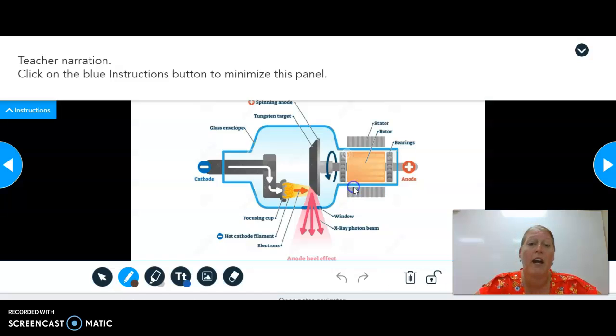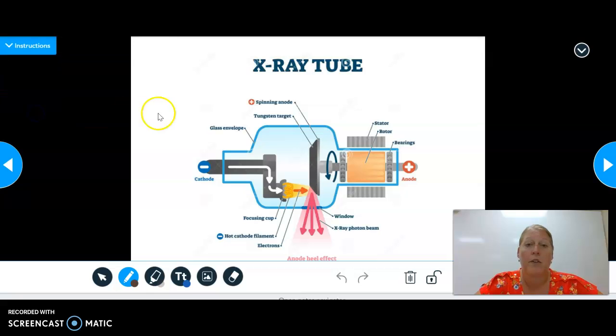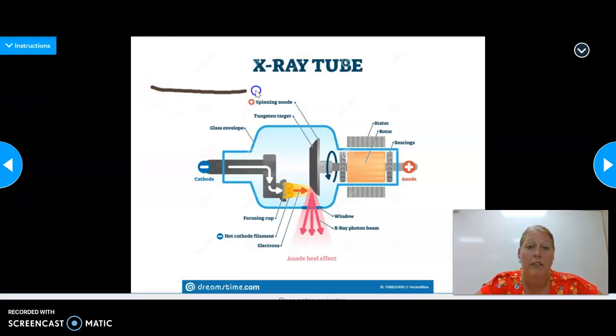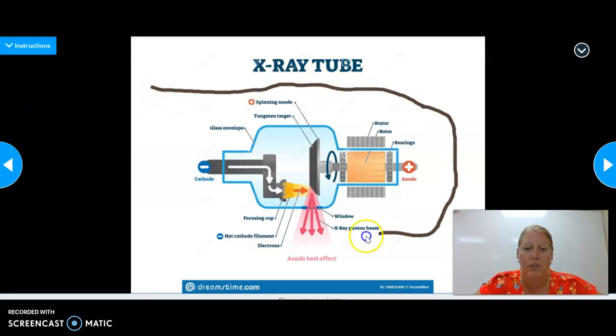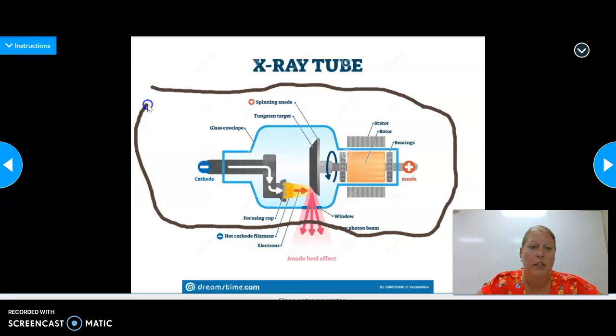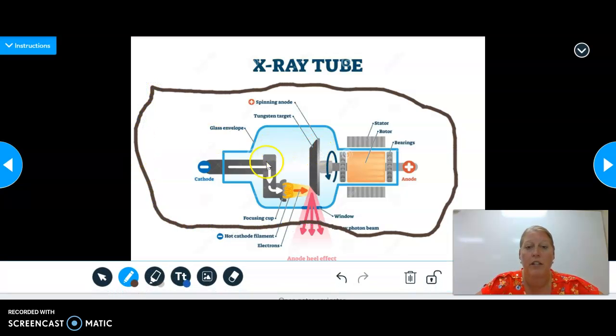Here's a drawing. From the other picture, we saw that the tube housing went around the glass envelope. So here's our glass envelope. This is where the X-rays are made. This is our beam that goes to the patient.